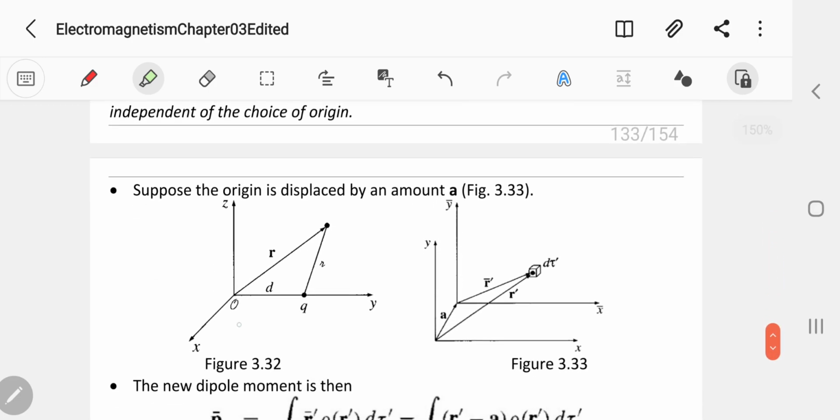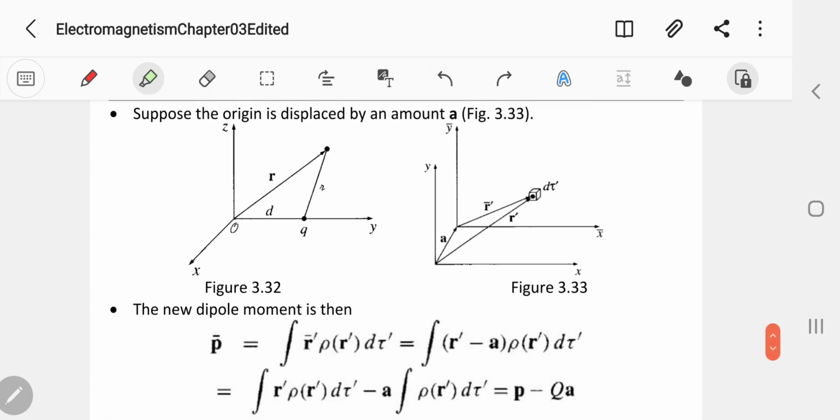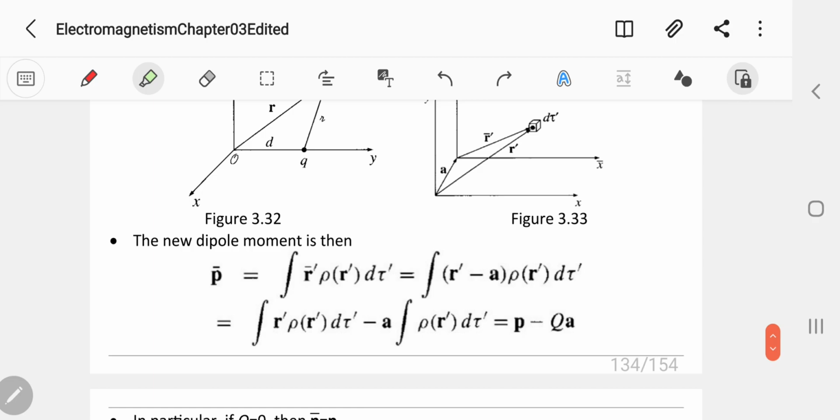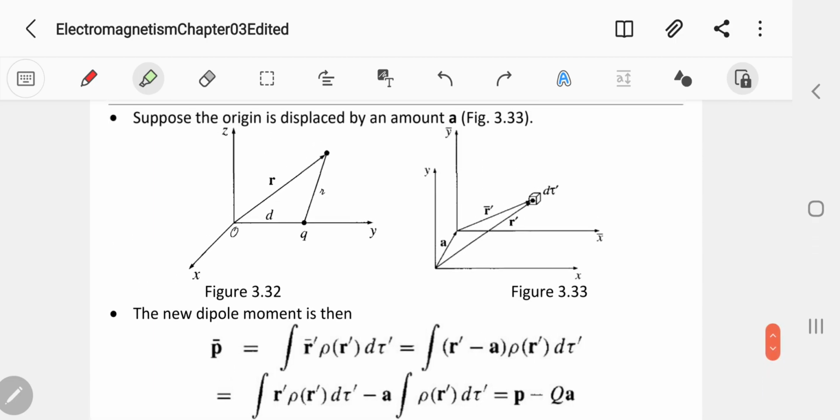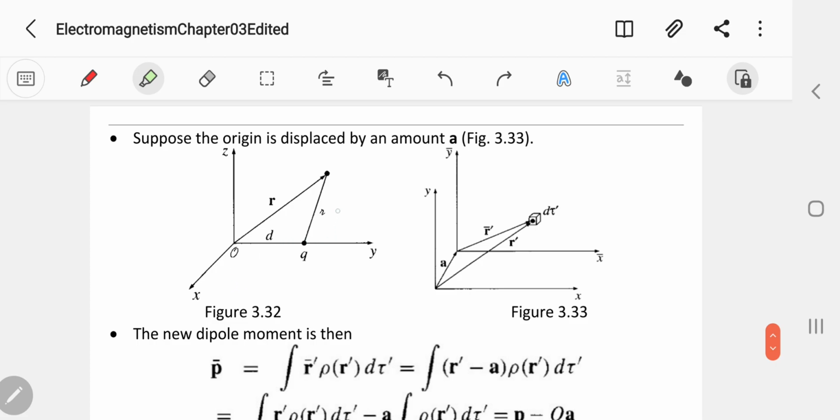So here, if you have q in this place, originally q should be here in the approximation, but if you move q, then your monopole, which used 1 over r, would now have to use this script r.